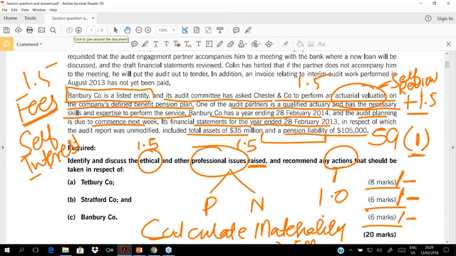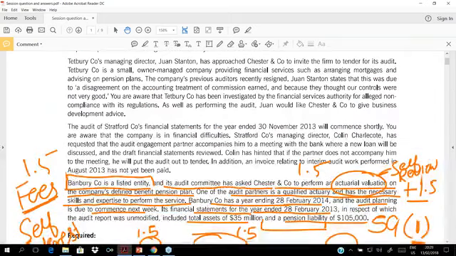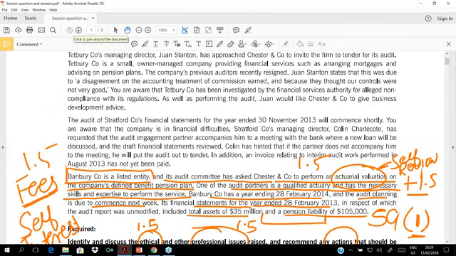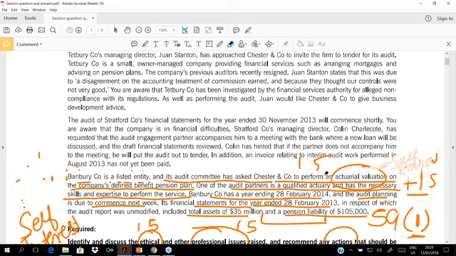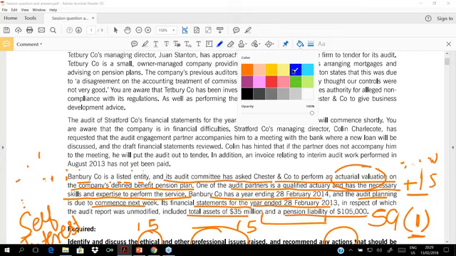If I just look at the question on top of Benbury, which is the Stratford Company question, and I start building my points on Stratford, okay, let's get to Stratford. Let's take a different ink color so that you can distinguish between Benbury and Stratford.